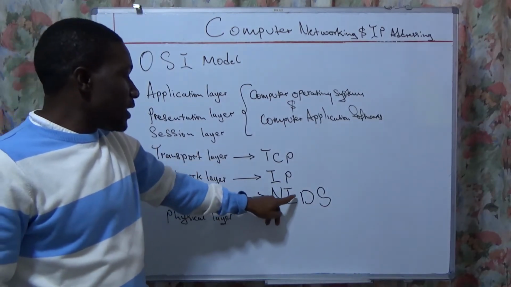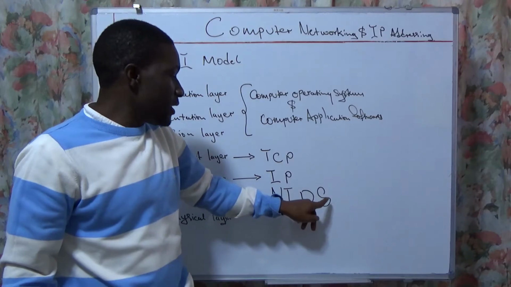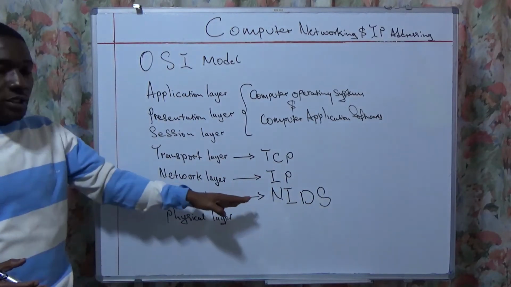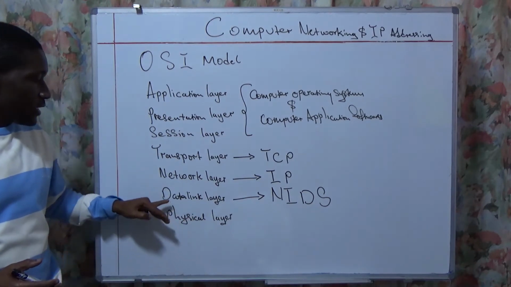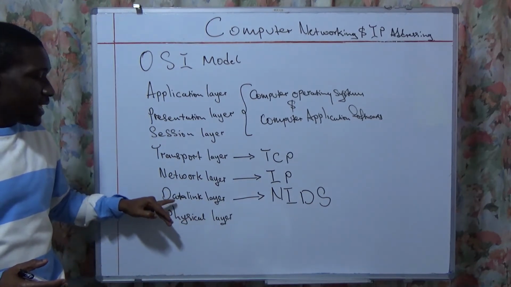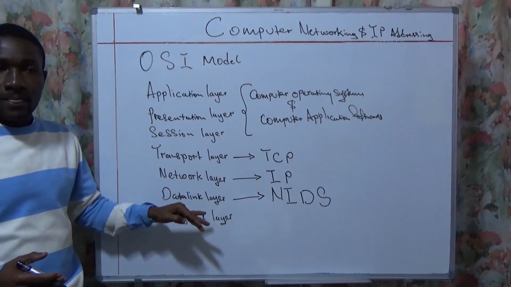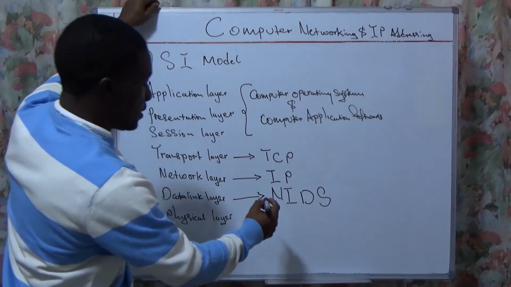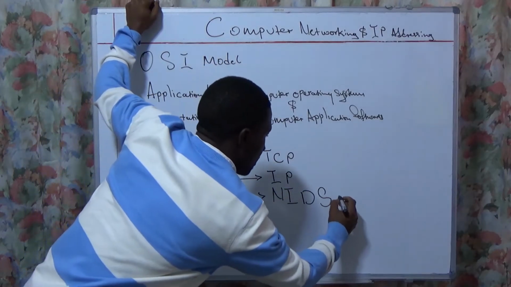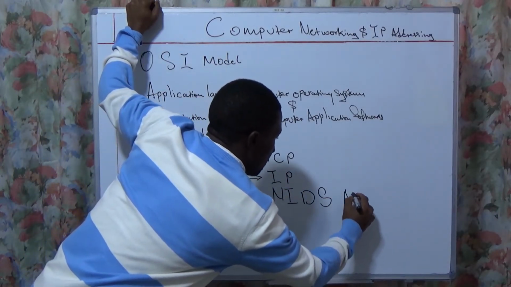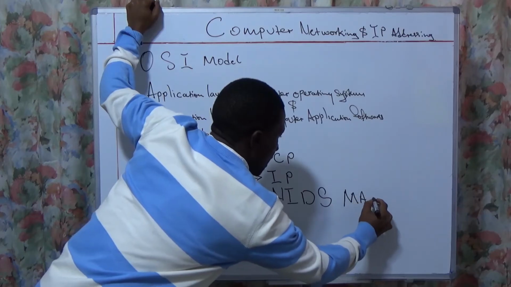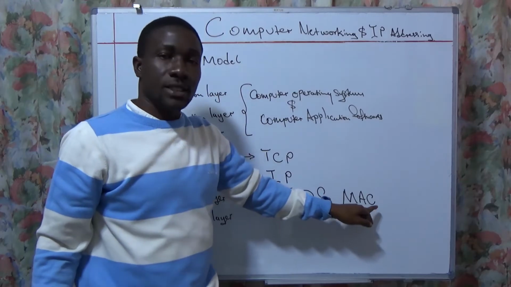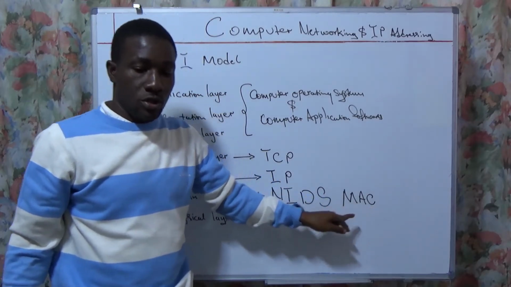The Network Interface Driver Specification is enabled on the data link layer, and it works with the MAC address, the media access control.